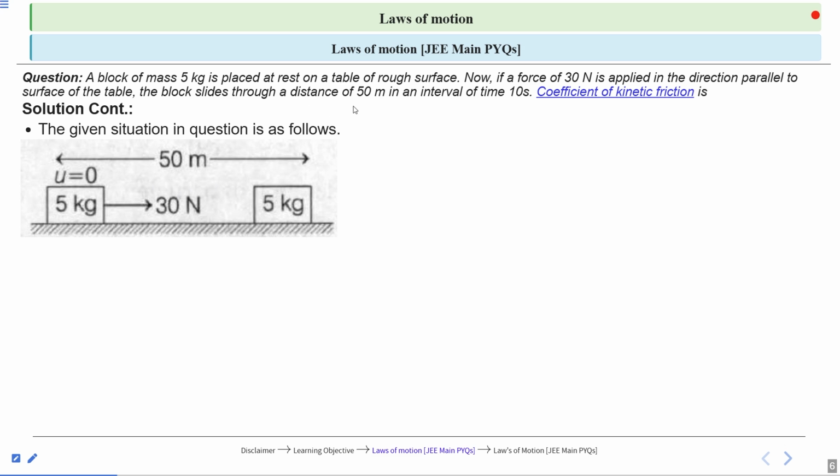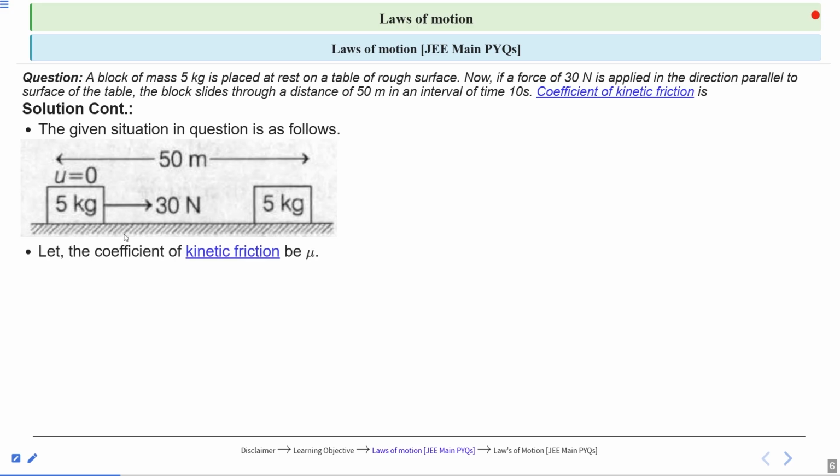This is given in this question, and the time interval is given as 10 seconds. So this is the situation. When we apply the force of 30 Newton, the block moves, or we can say is displaced, 50 meter. We have to find out the coefficient of friction. So this is the condition. I hope this is clear.